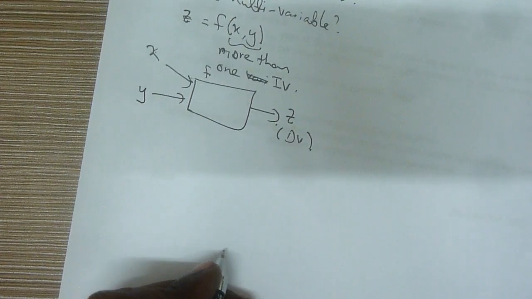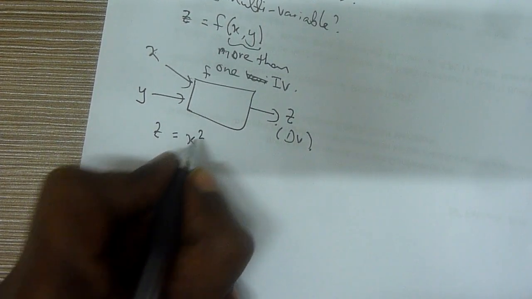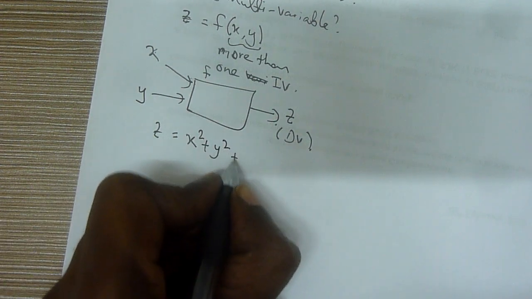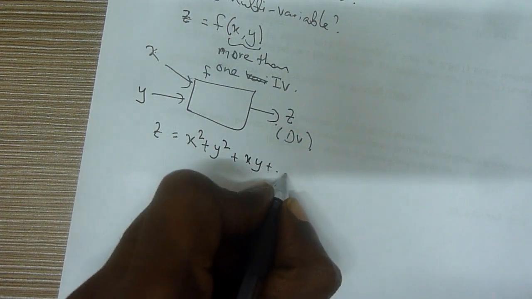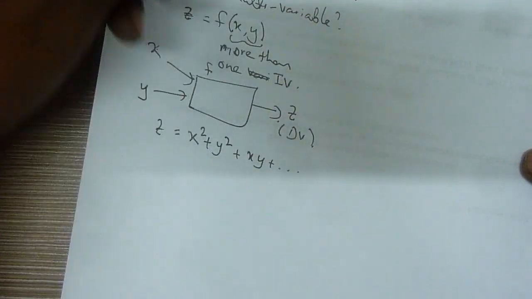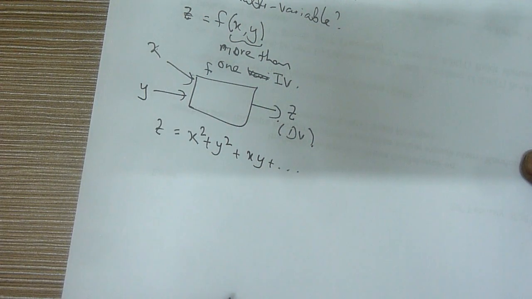The examples can be at any level, but it involves more than one variable, and it can be any complex formulation. Therefore, this one variable and multivariable will be extensively used in differentiation.